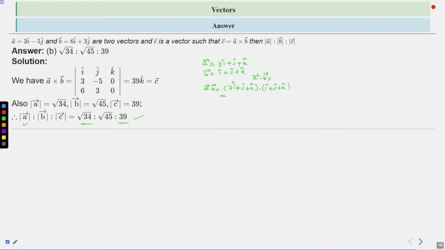Taking the dot product, it will be 3 plus 1 plus 1 is equal to 5. Clear?